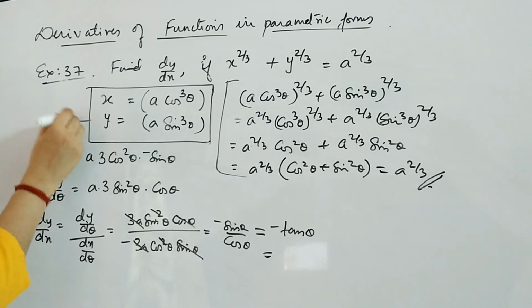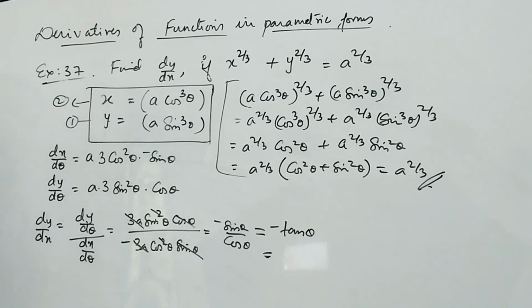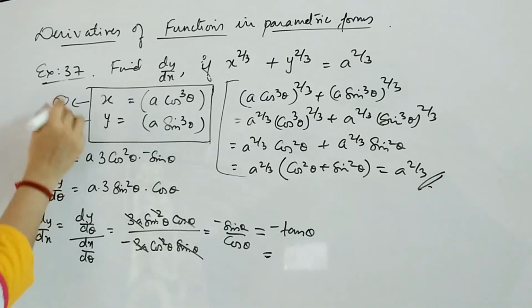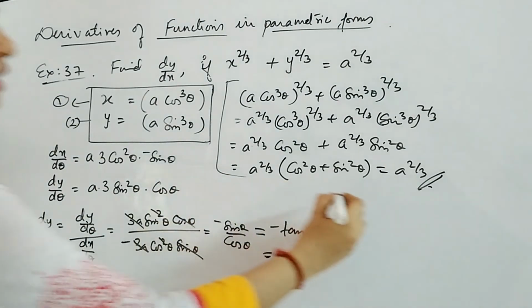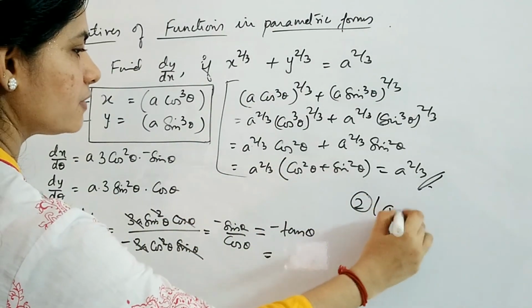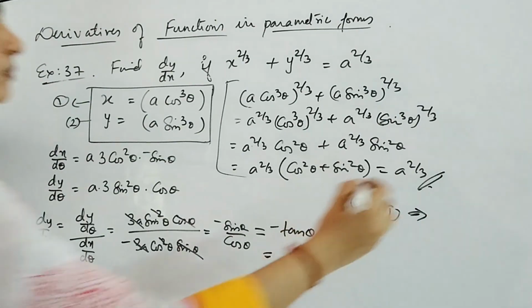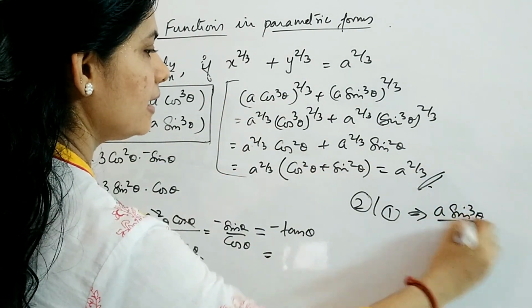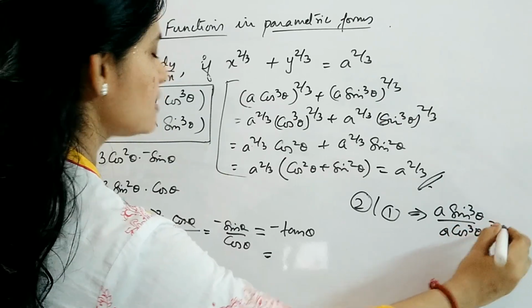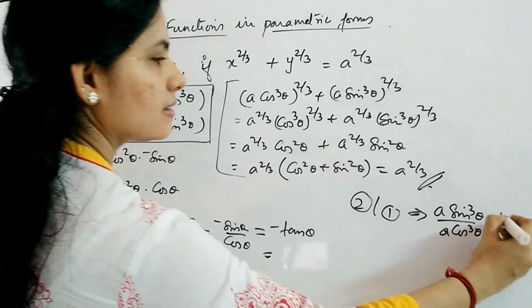So this is your first equation, this is your second equation. If you do the second one divided by the first one, the right hand side will be a sin cube theta by a cos cube theta, which is equal to y by x, right?